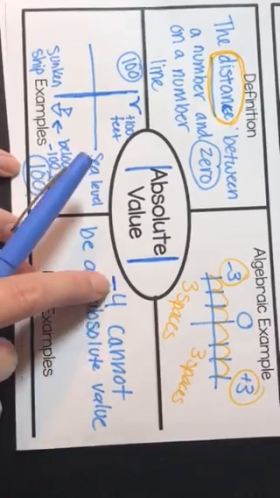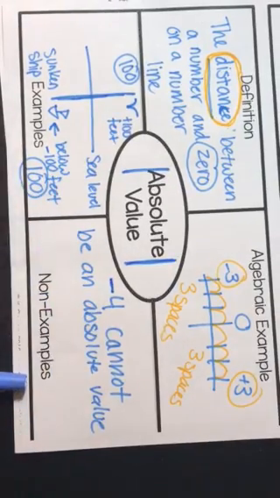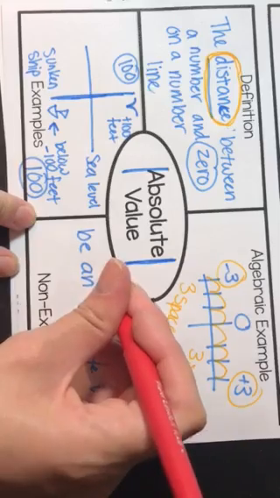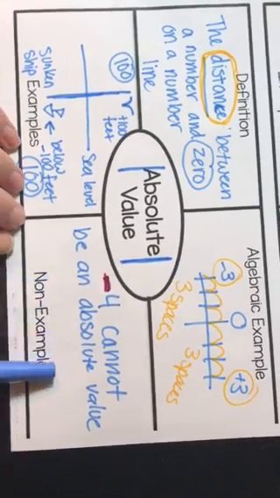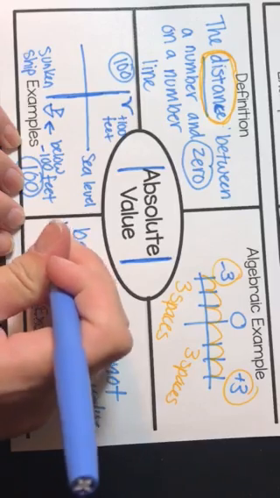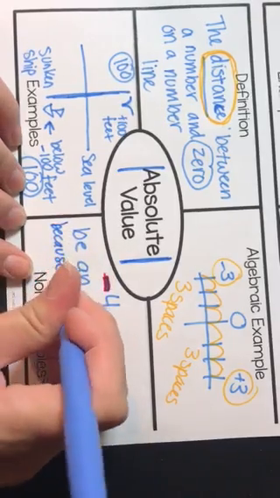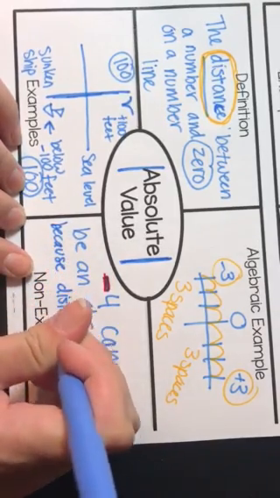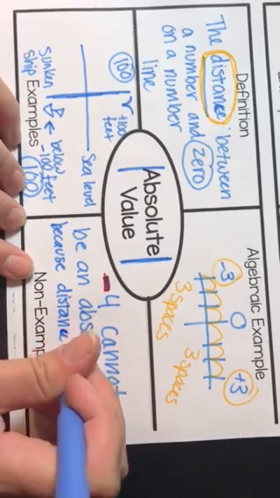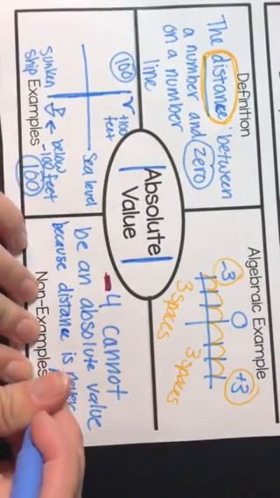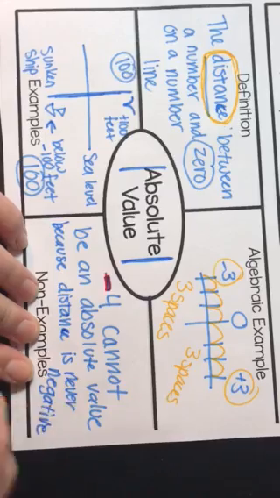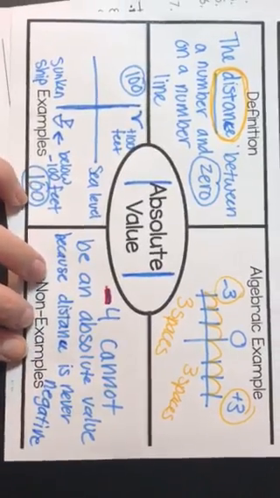Always, always, always, it can never have this sign. I'm actually going to do it in a different color so you can see it. Any negative number cannot be an absolute value because distance is never negative, ever. Distance is never negative.